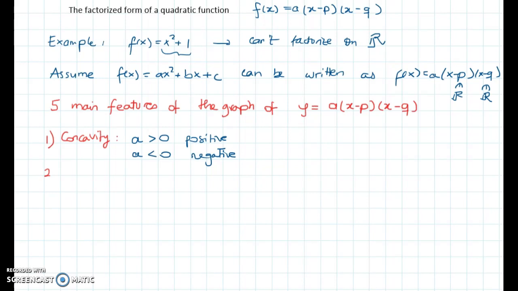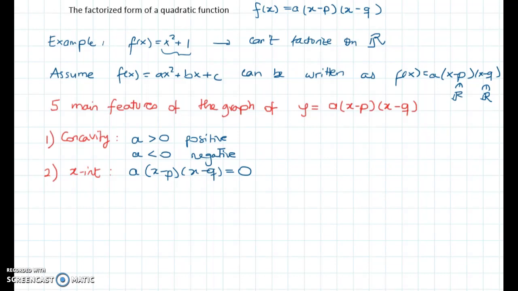The second one, since we have the factorized form, is going to be the x-intercepts, because the x-intercepts are pretty much screaming at us. If we want to find the x-intercepts, what we want to know is for which values of x it's true that a times x minus p times x minus q equals 0.